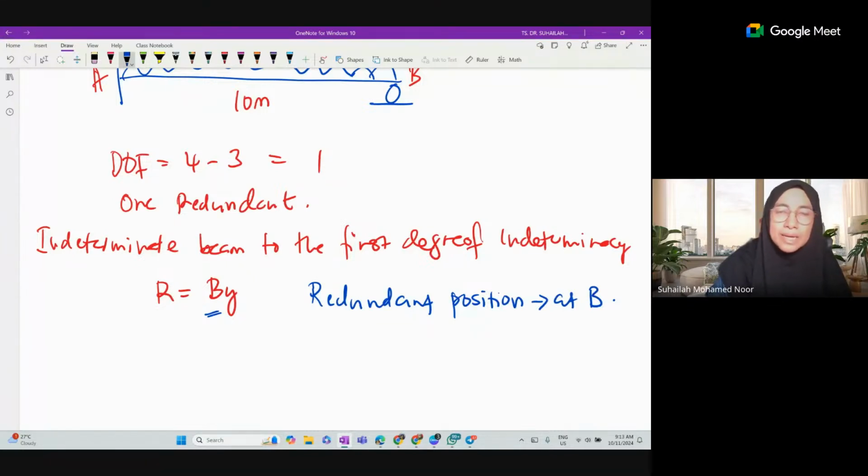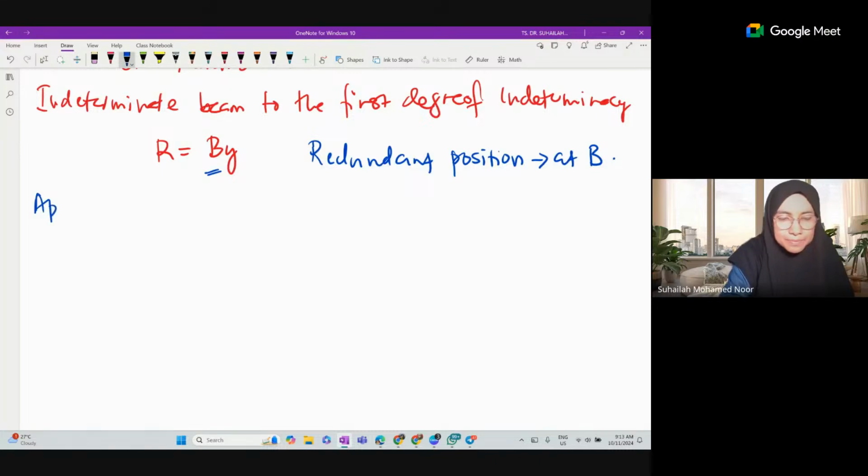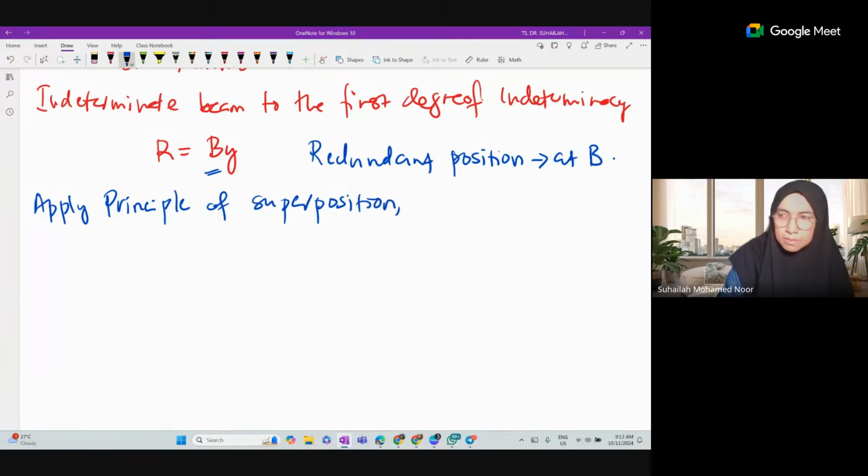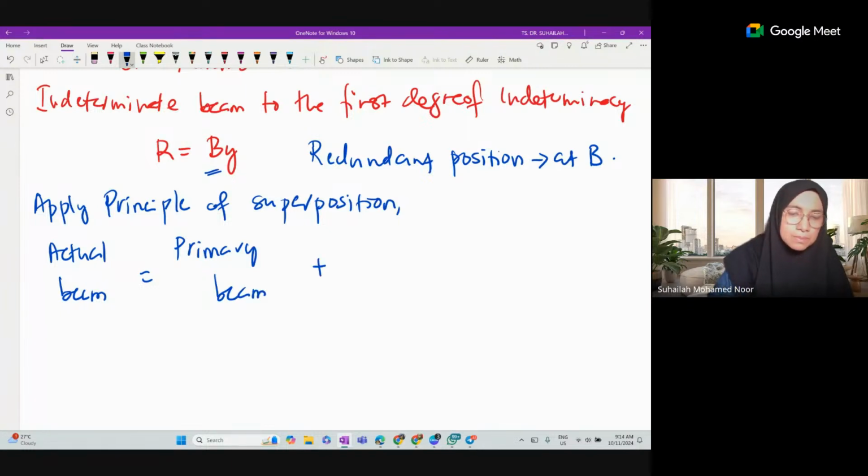Now we apply the principle of superposition. It states that actual beam is equal to primary beam plus redundant beam.